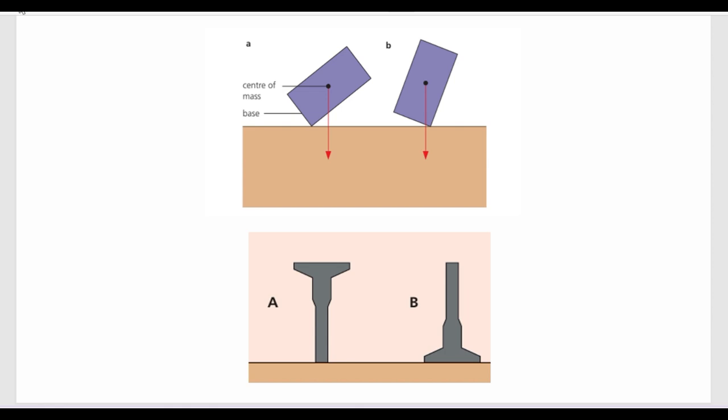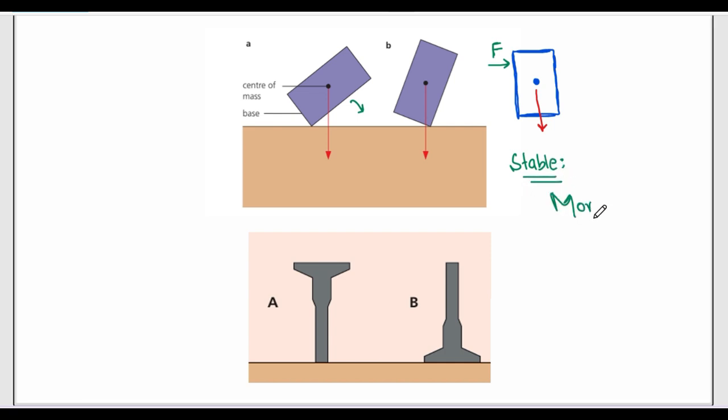For this we need to discuss these facts: if we have any block and there is a straight line from the center of gravity towards the earth, as long as the straight line doesn't cross the base, this structure would be stable, and if it crosses the base it will topple over. So stability means more base area and lower center of gravity.